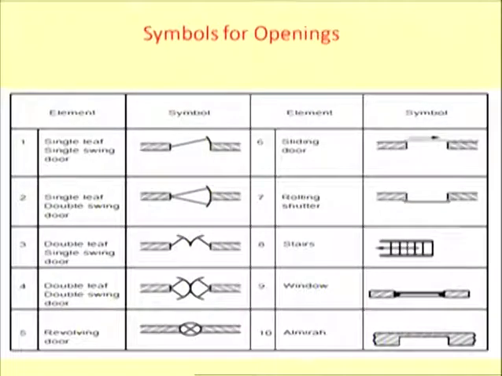Last in our previous session we have seen these symbols for openings: single shutter door, double shutter door, swing having inside only, and swing having the inside as well as outside also. Then the revolving door, rolling door, sliding door, stair, then window, then cupboard.